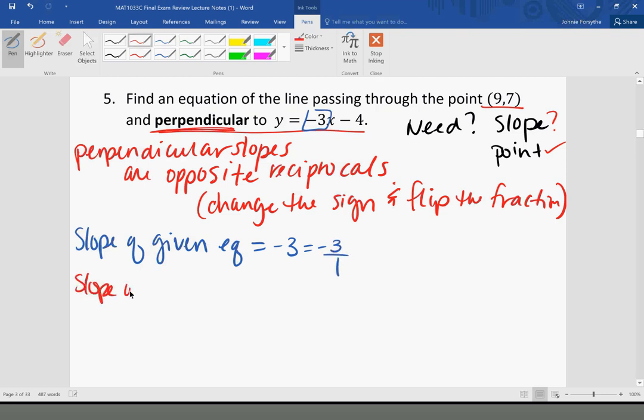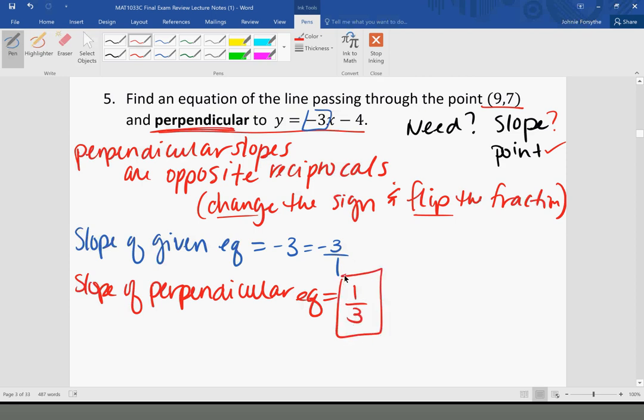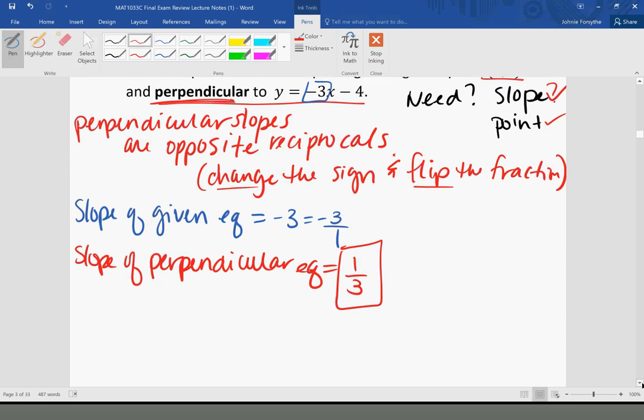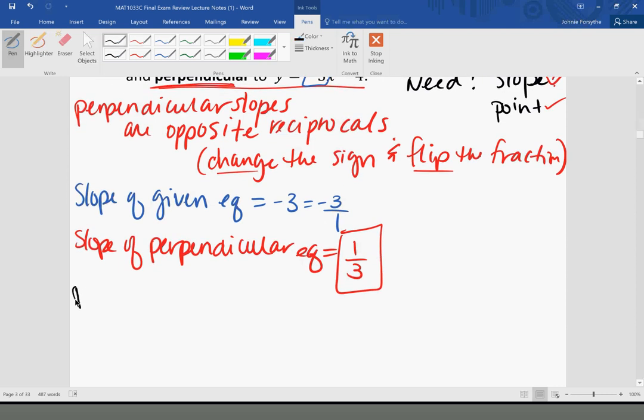So the slope of the perpendicular equation equals, we have to change the sign, so it's going to be positive, and then flip the fraction. So negative 3 over 1 is going to become positive 1 over 3. So that is the slope we want to use here. And so now we're ready to use point-slope form.